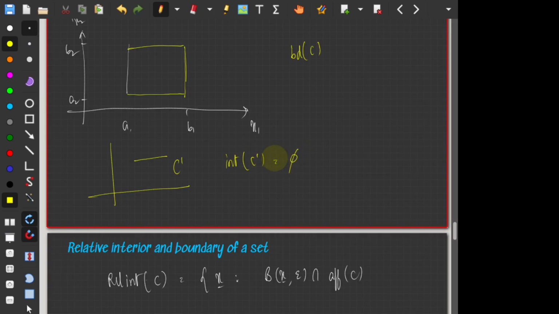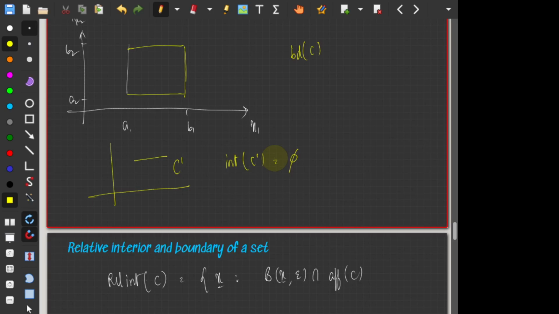But I still want to be able to define a notion of interior, because no matter what kind of constraint set I have, I want to know what my boundary is, because these are the points which could potentially be my points of minimum, or the interior. So my minimizer is either going to lie in the boundary or in the interior. If it lies in the interior, then that's going to be the unconstrained minimum.